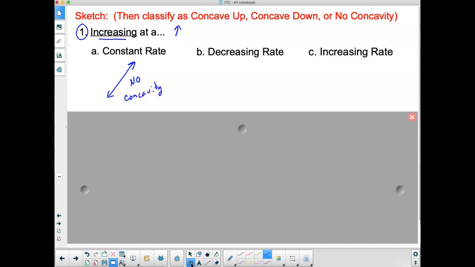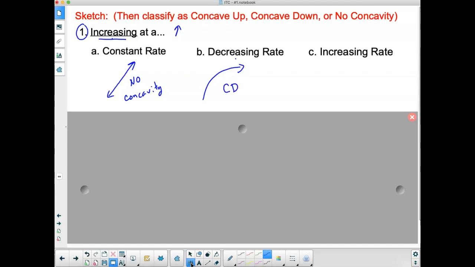Now, how about I'm increasing at a decreasing rate? Well, if I'm increasing at a decreasing rate, my curve from left to right has to be going up, but it needs to be flattening out as I go up. So when I'm increasing at a decreasing rate, I can see I am concave down.